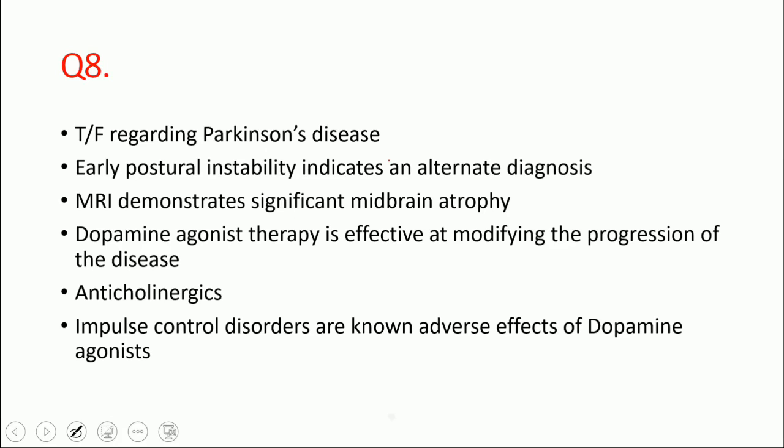Next one, involvement of other parts of the nervous system. So you know that all these Parkinson's disorders affect the extrapyramidal part, but involvement of the pyramidal system, involvement of the cerebellum, so maybe other parts of the nervous system are involved. That is another feature of atypical Parkinsonism or secondary Parkinsonism.